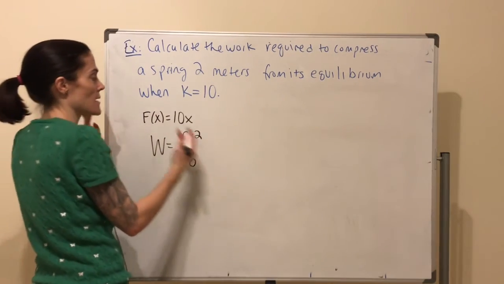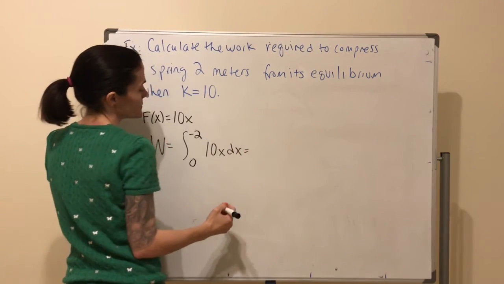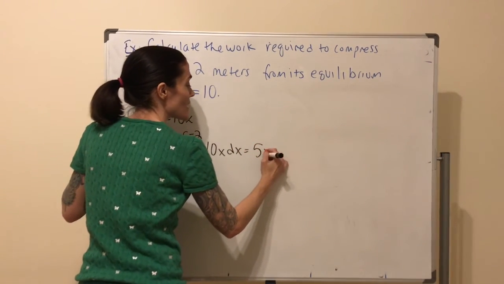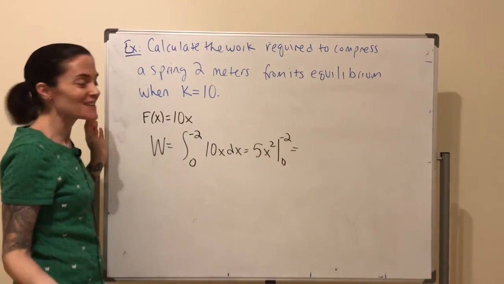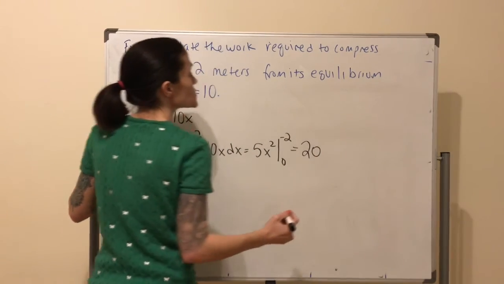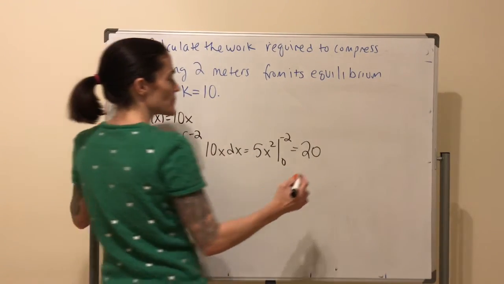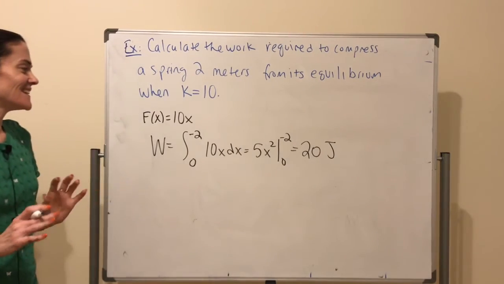It goes this way, of 10x dx. This is just 5x squared evaluated between 0 and -2. So it's 20, and this would be in joules because this is in metric, right?